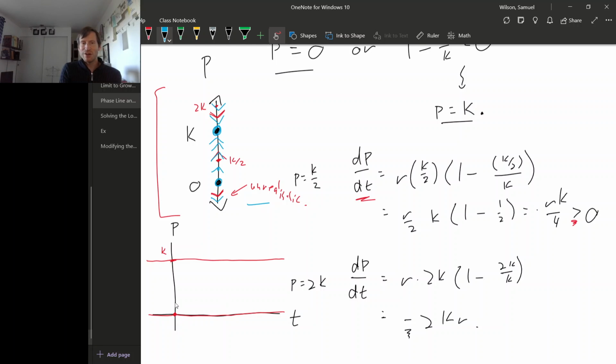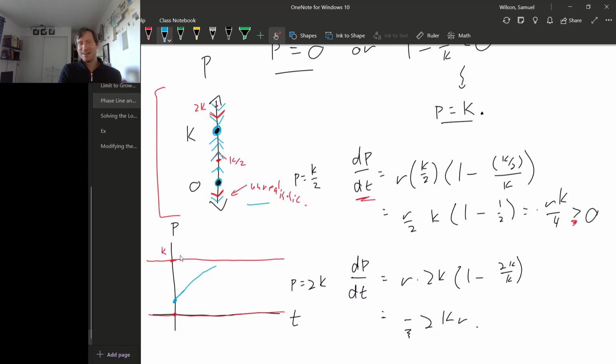So suppose we started here, above 0 but below k. We know that the population is going to increase, so it will get closer to k. And here we have to use intuition a little bit. It stands to reason that the closer we get to k, the slower we have to grow. The reason that has to be true is if we didn't slow down, eventually we would hit k.